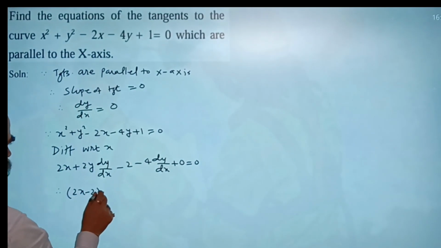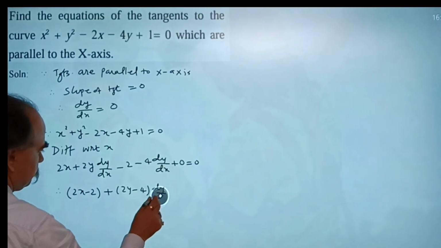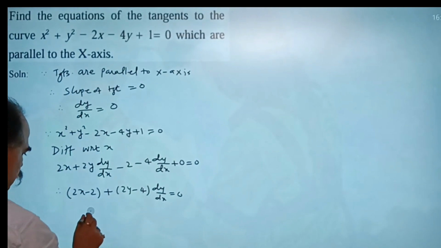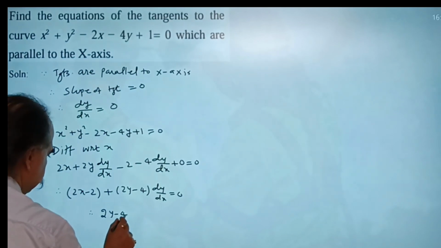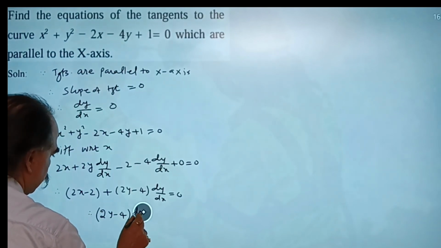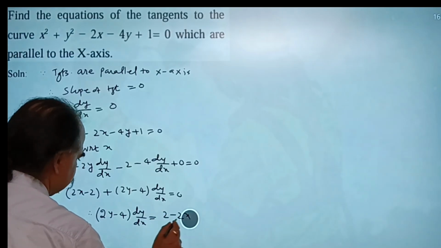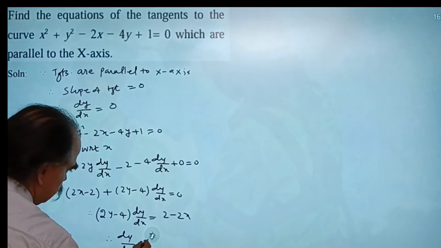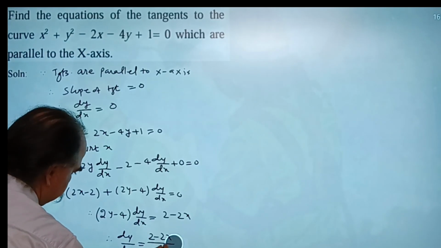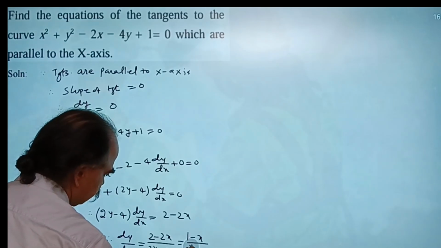So 2x minus 2 plus 2y minus 4 dy by dx is equal to 0. So dy by dx is equal to 2 minus 2x upon 2y minus 4, which will give you 1 minus x upon y minus 2.